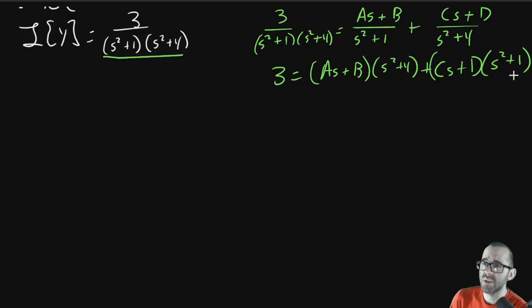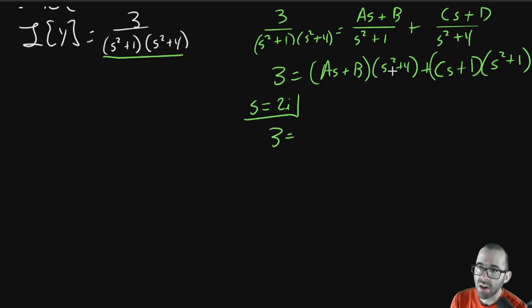There's a few ways that you can solve this. You could match your coefficients, or you could plug in complex numbers. I like plugging in complex numbers, and we've been doing a lot with complex numbers, so why not? What if s is 2i? What do we get? We get 3. Oh, 2i, this becomes negative 4. This all goes away.